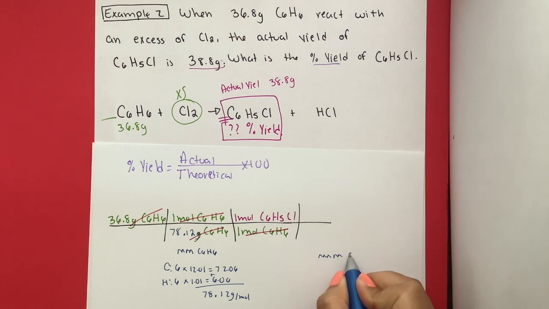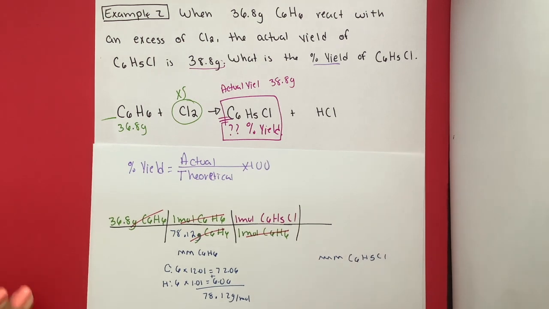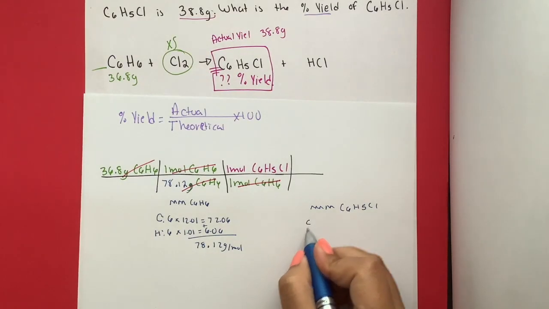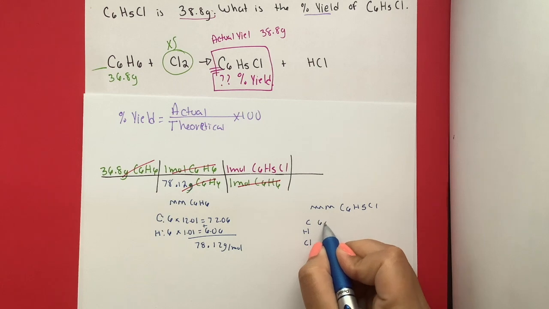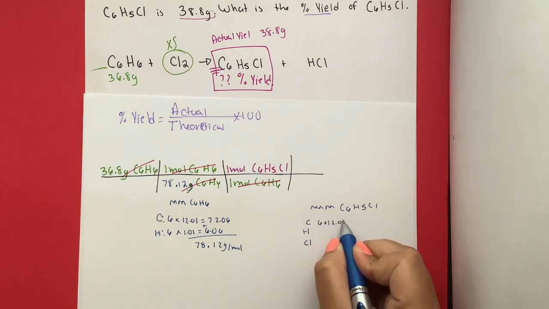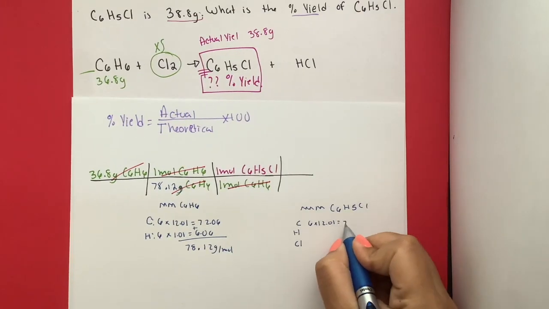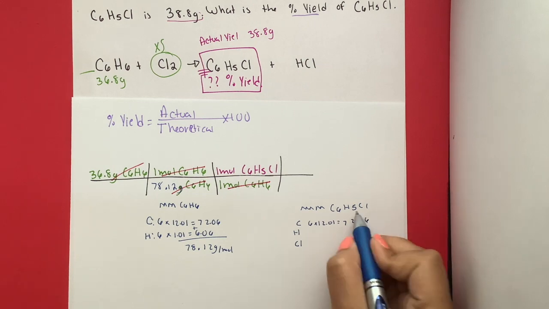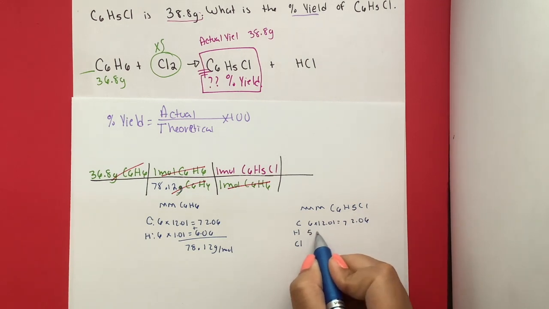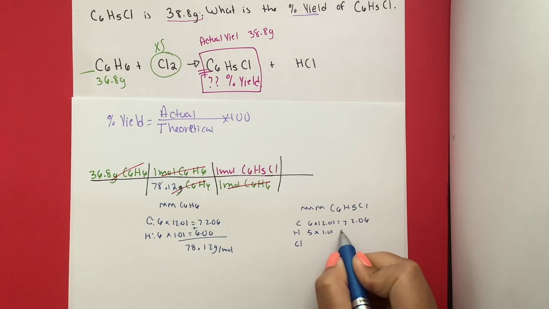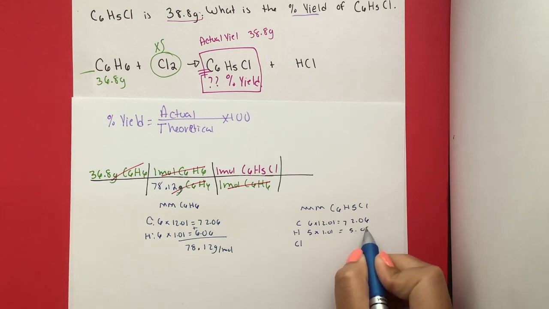But for C6H5Cl. So I have carbon, hydrogen, and chlorine. 6 carbon times the mass of carbon, which is 12.01, is 72.06. I have 5 hydrogen times 1.01, 5.05.